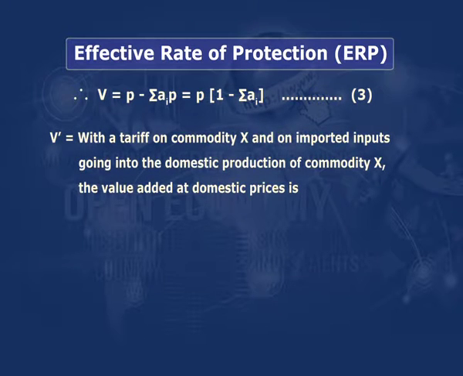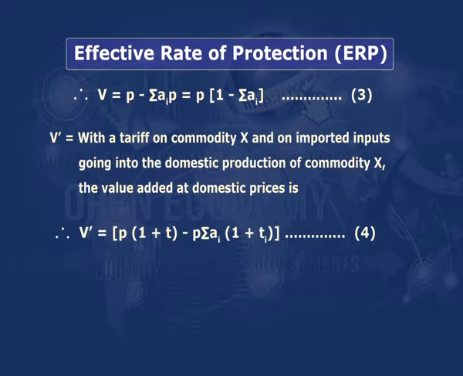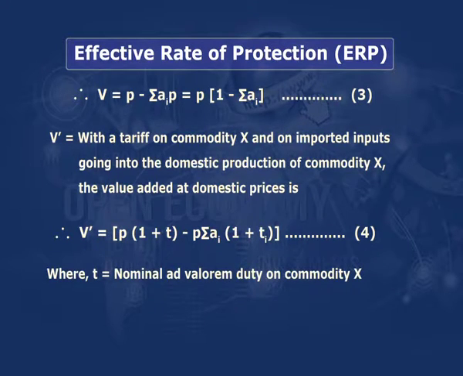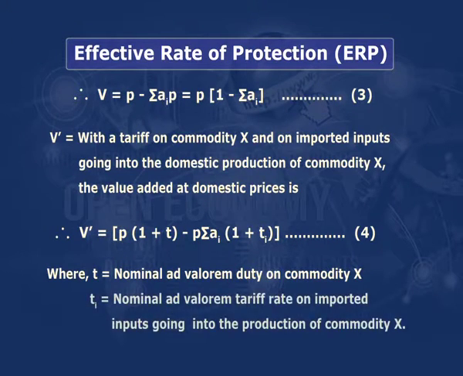Here V dash is with the tariff on commodity X and on imported inputs going into the domestic production of commodity X. The value added at domestic price is V dash, equal to P into (1 plus T) minus P summation Ai into (1 plus Ti), where T is the nominal ad valorem duty on commodity X and Ti is the nominal ad valorem tariff rate on imported inputs going into the production of commodity X.